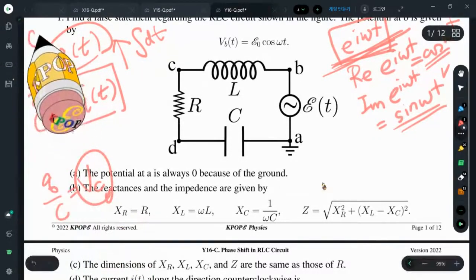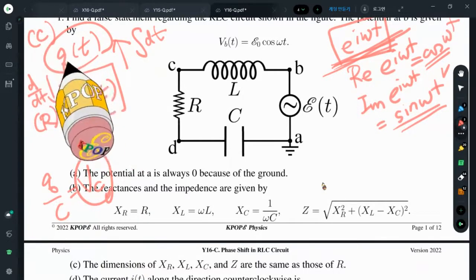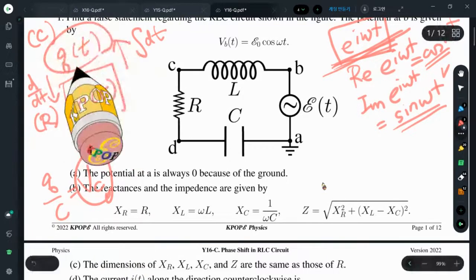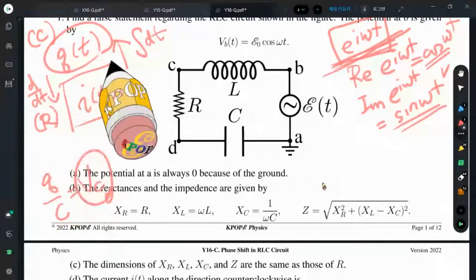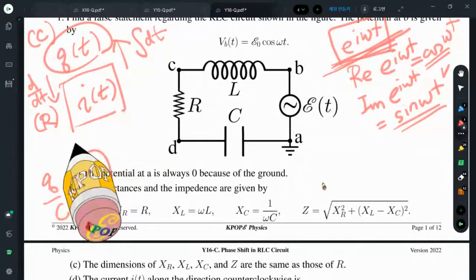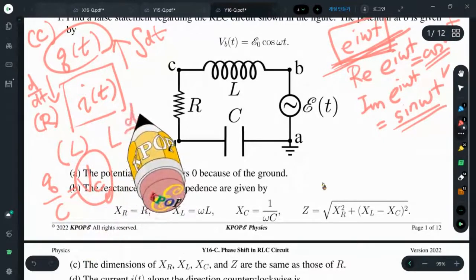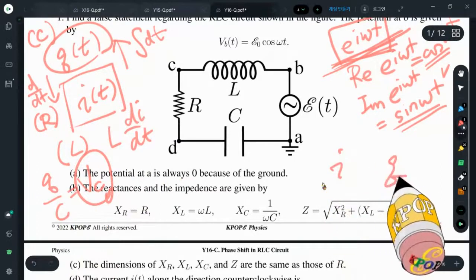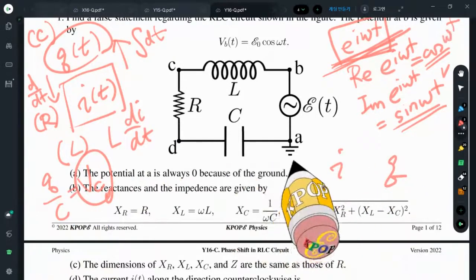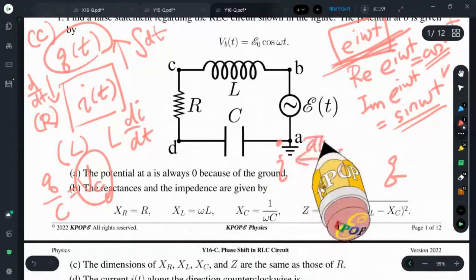If you want to consider the potential at the capacitor, then you need to know the charge Q. For the resistor, you need to know the current. And for the inductor, you need to take the time derivative. Okay? So I, Q, I dot.